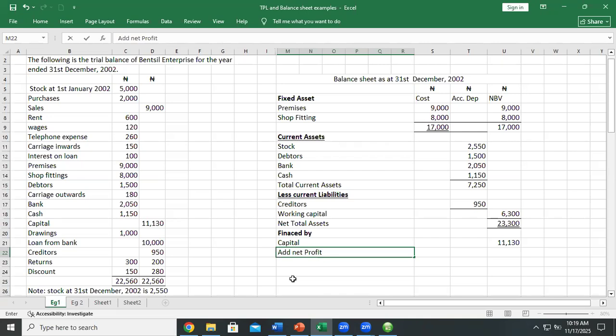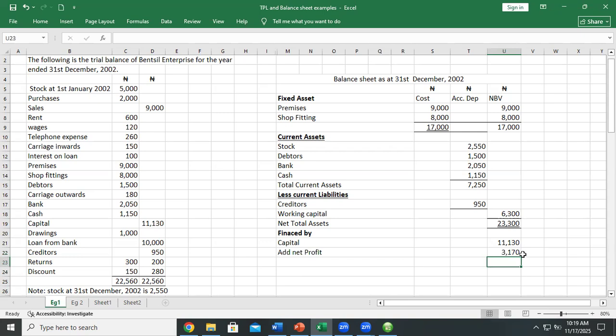Okay, no worries. I have it here as your teacher, and so I'm going to show it to us. So our net profit was 3,170, right? That was what we had when we prepared the trading profit and loss account.